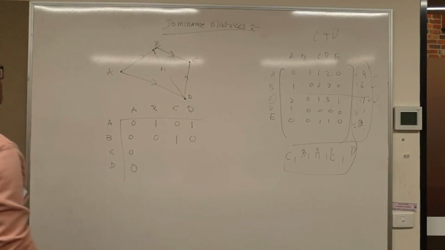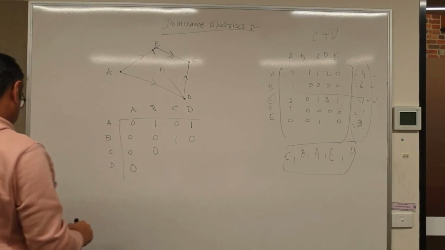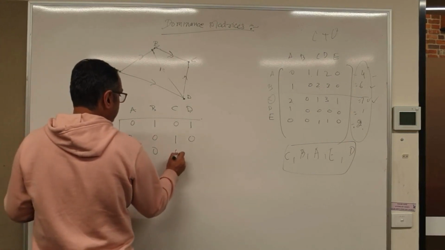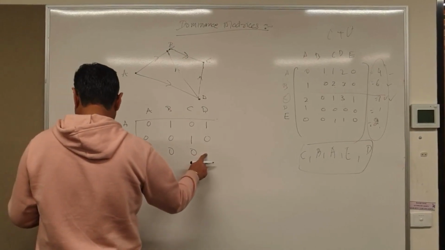Yeah, C to B. So it is a 0. Then C to C is a 0. And what was C to D? It is a 1.